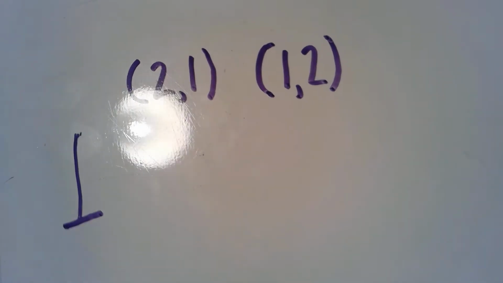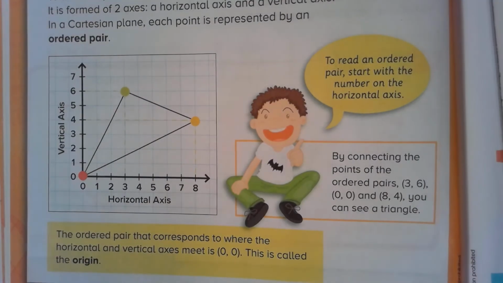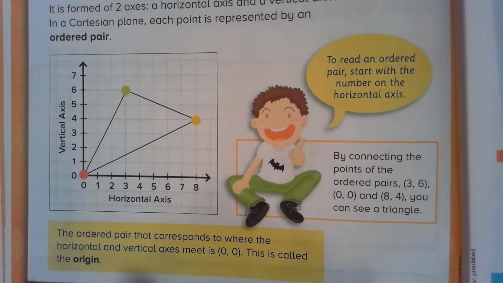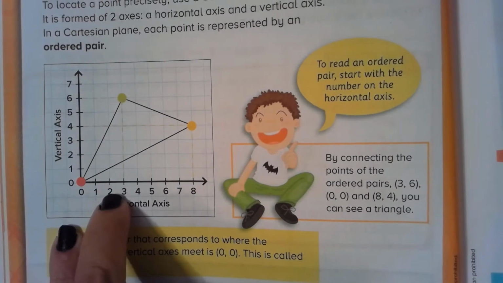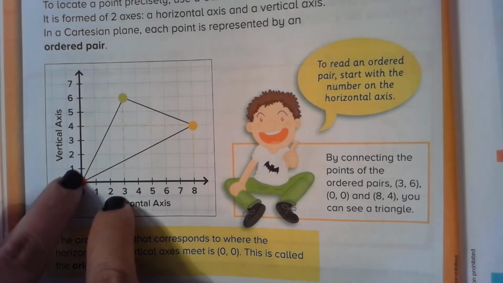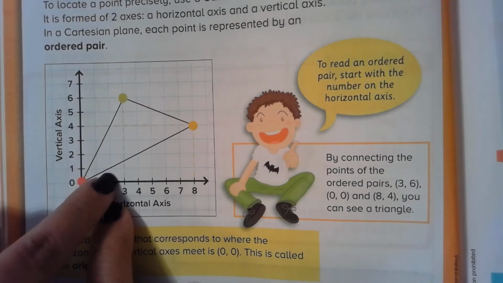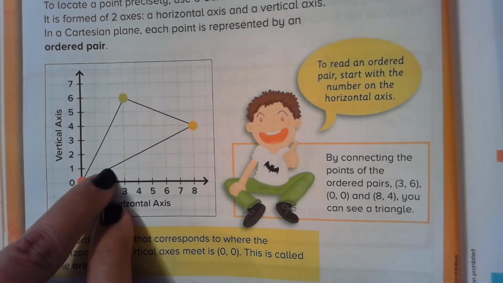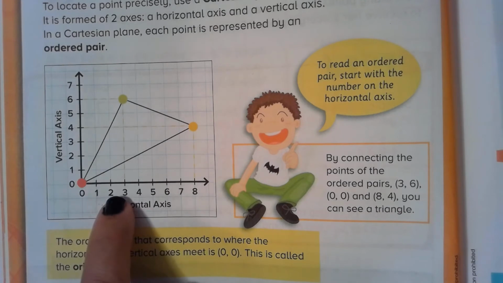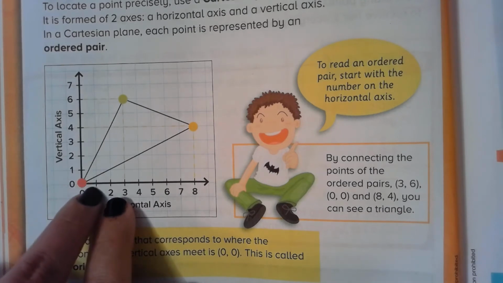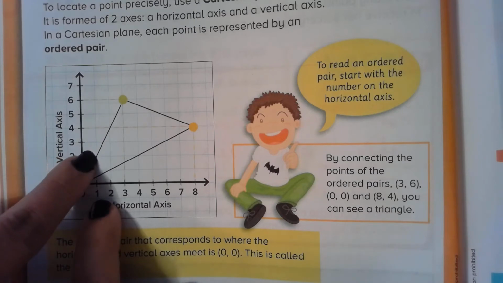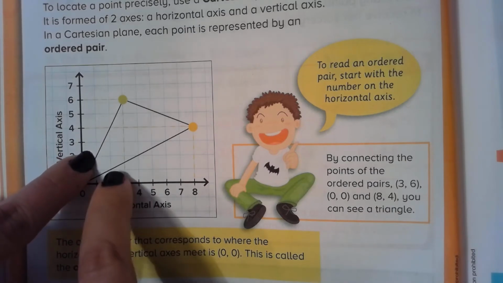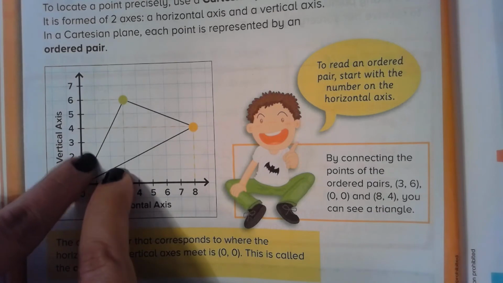Let's check it out. So, if we look at our book and we go in the elevator 2 and up the elevator 1, we land here. However, if we go in the elevator 1 and up the elevator 2, we land there, which are 2 different spots.